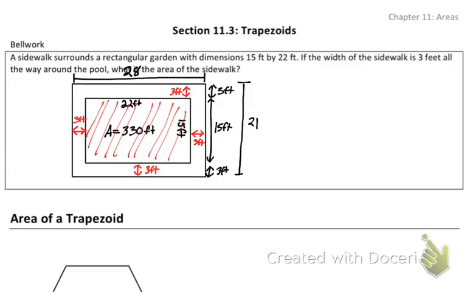Okay, so our total area is going to equal 21 times 28. And that comes out to 588. Okay, good. That's my total area.